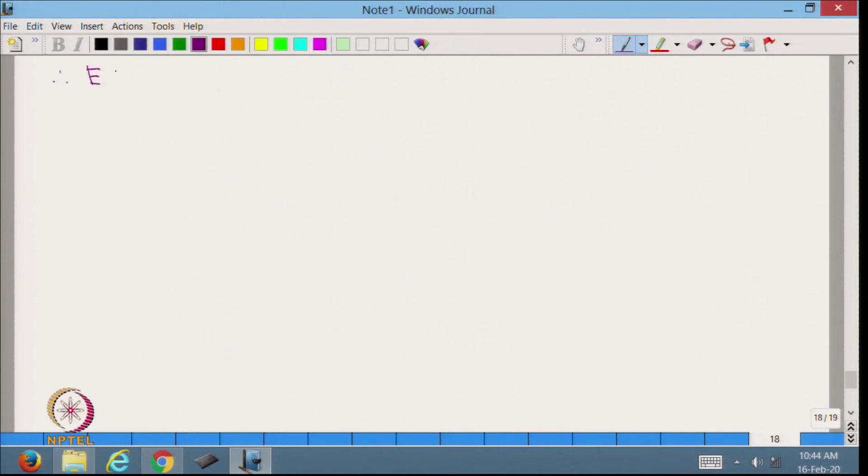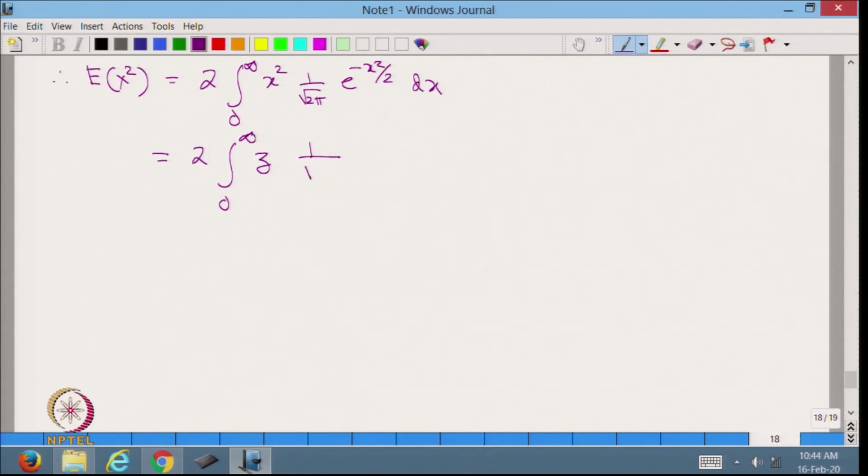Therefore, expectation of x square is equal to 2 into integration 0 to infinity, put z in place of x square and we get z 1 over root over 2 pi e to the power minus z by 2 dz upon 2 root z, is equal to, these 2 cancels this 2.